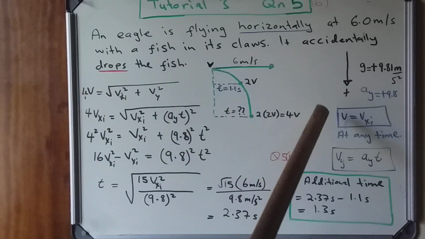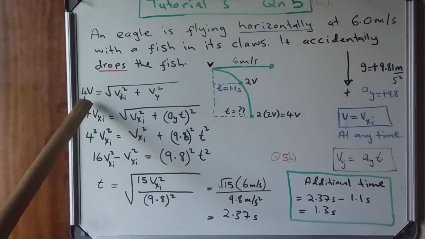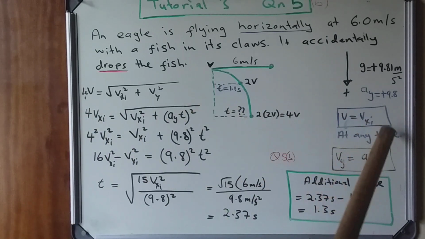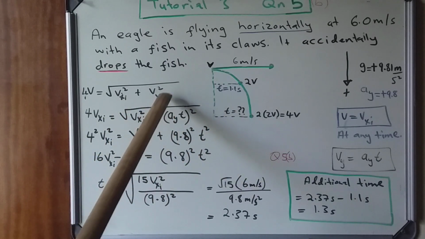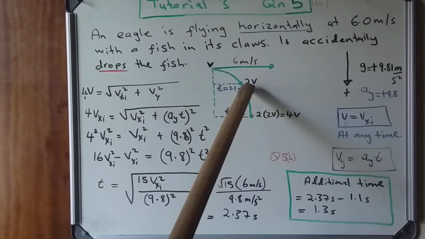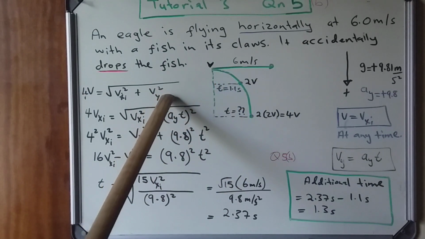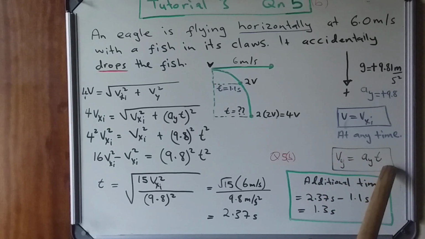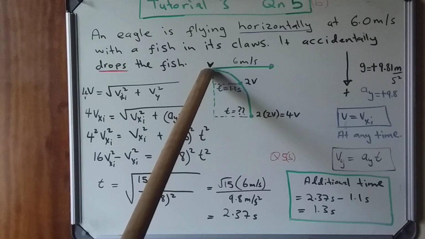But we know the relationship of v and vxi is that they are the same. So where there is 4v, you substitute with vxi. 4vxi is equal to the square root of that. Anywhere else, we are no longer using this relationship. We know that the velocity is equal to acceleration times time. Remember, the final velocity in the y is different from the initial velocity in the y.